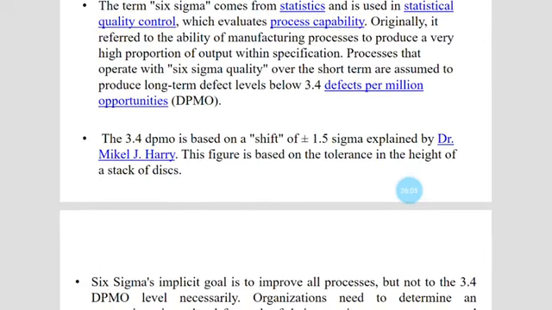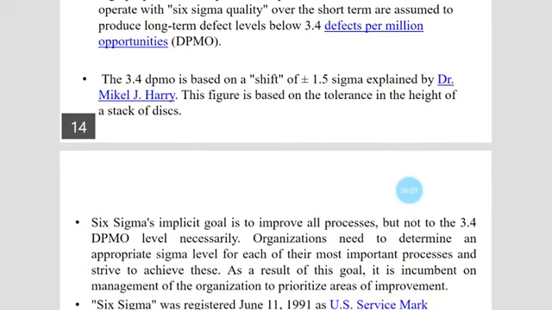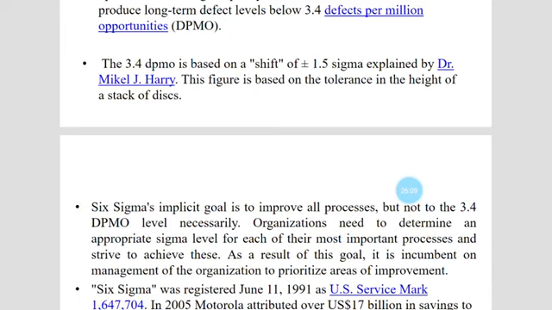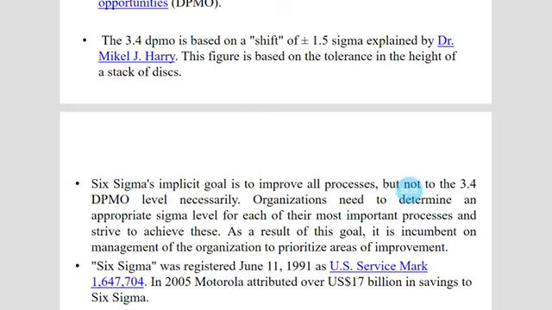Another thing is that 3.4 DPMO is based on a shift of plus or minus 1.5 sigma, explained by Dr. Mikel J. Harry. This figure is based on the tolerance in the height of a stack of discs.